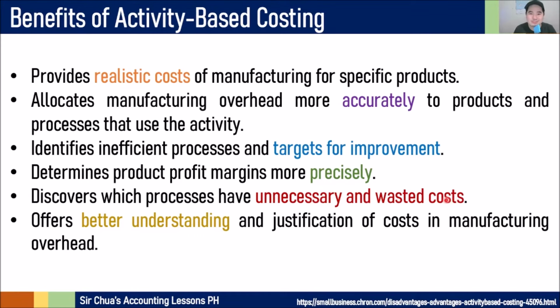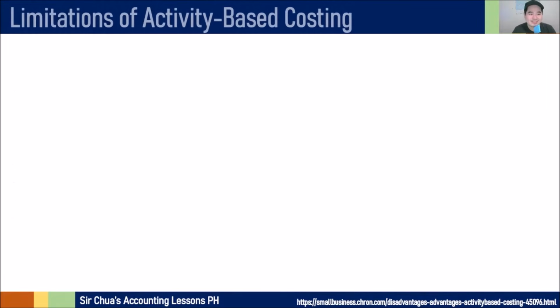Activity-based management uli, di ba? Elimination ng ating non-value added activities. And it offers better understanding and justification of cost in manufacturing overhead. Better understanding because you now see what really happens. Diba? Parang ganon.